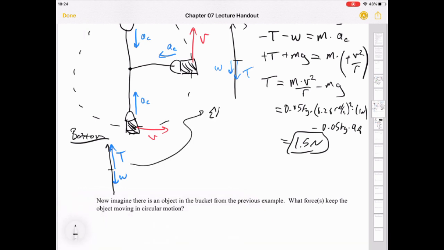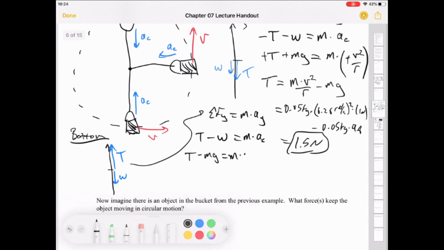Okay, so the sum of the forces in the y direction equals m a sub y. So tension minus weight, because tension is now up, so that's one of the changes, equals m times centripetal acceleration. The other change is that centripetal acceleration now points upward. So we can go tension minus mg equals m times v squared over r. Or, again, it might be useful here to use omega squared r, so we don't actually have to calculate v.